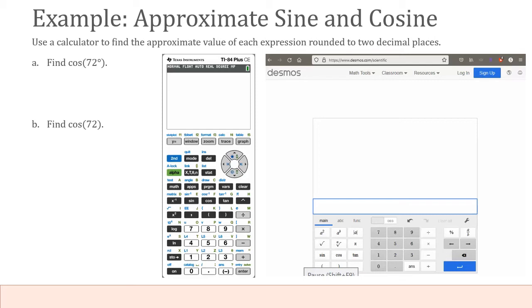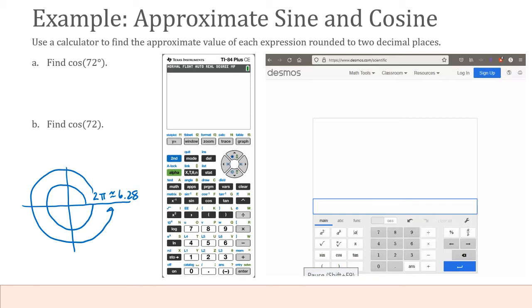All right, now think about 72 radians. You don't have to know exactly where that's at, but let's just have a visual of this. If we go all the way around a circle, we know that's 2 pi. Well, 2 pi is approximately 6.28. So if we go around again, right now we're at about 12.56.